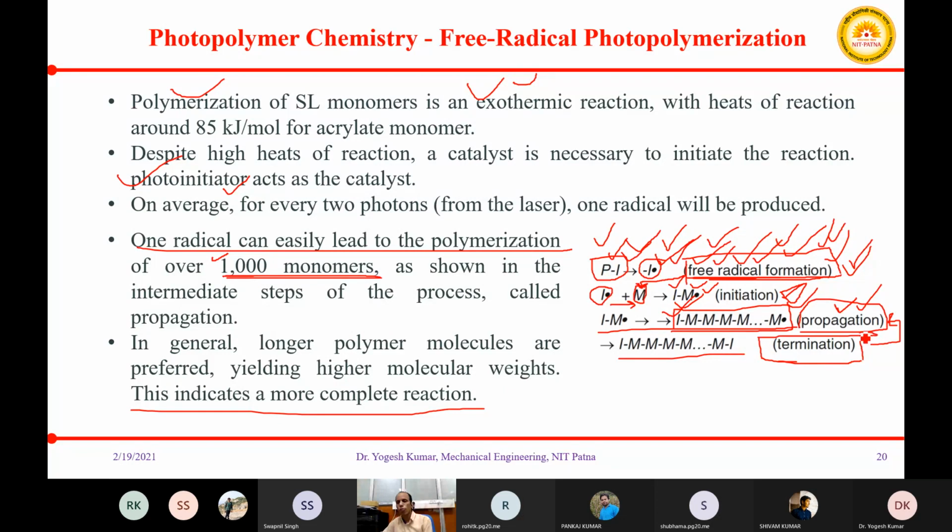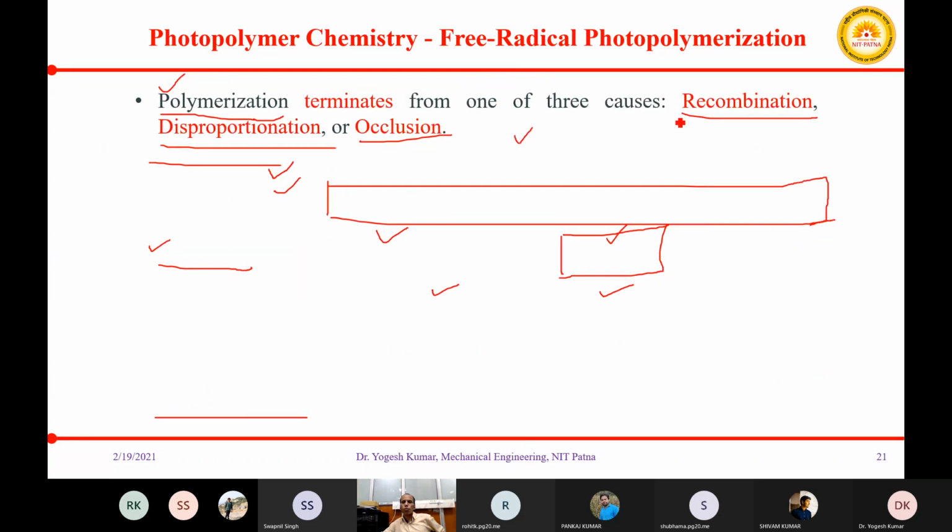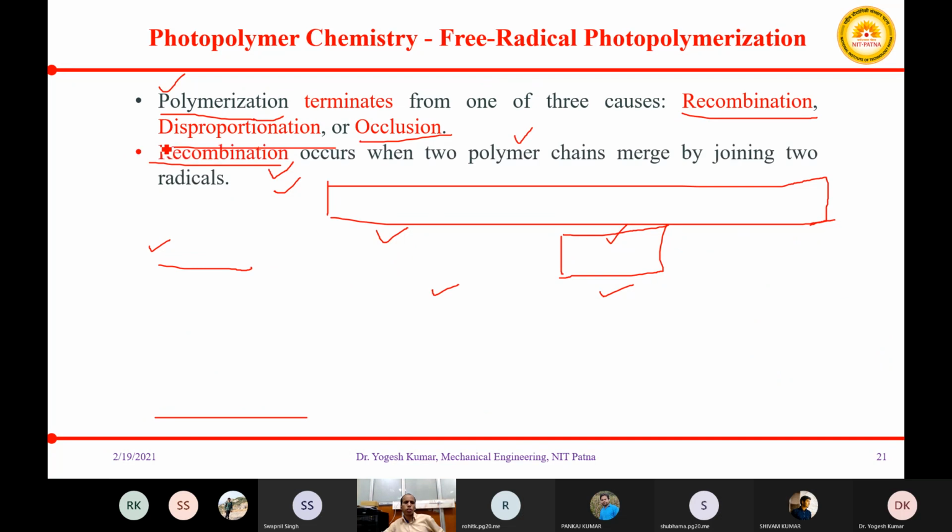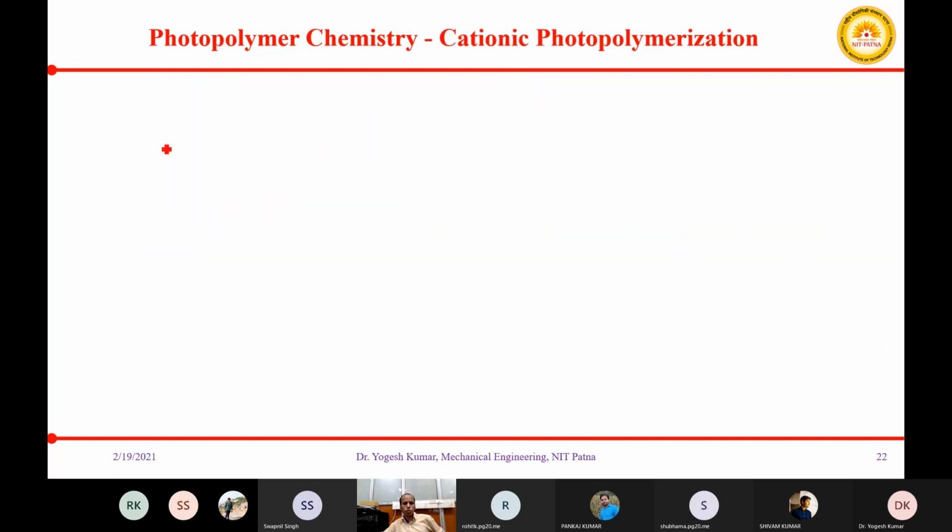After a certain period, if you have stopped exposure of your UV radiation, UV electron beam or visible light, whatever source you are using, the termination process starts, and the reason may be recombination, disproportionation, and occlusion.